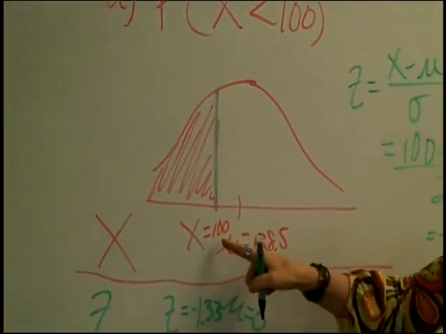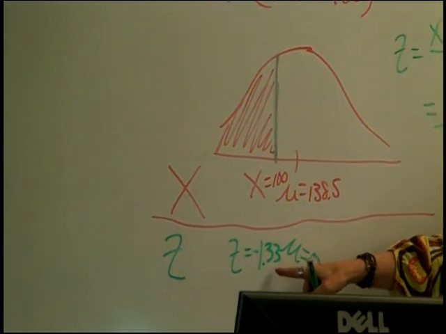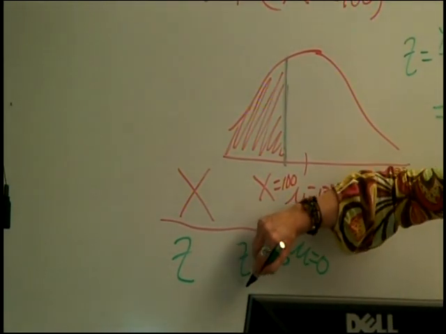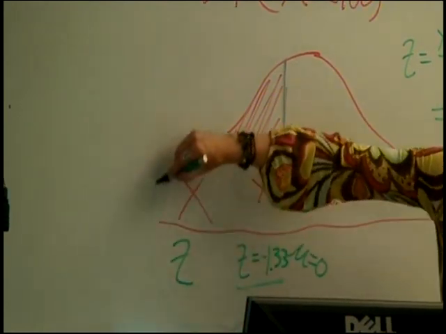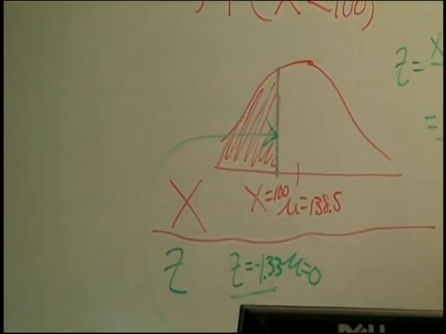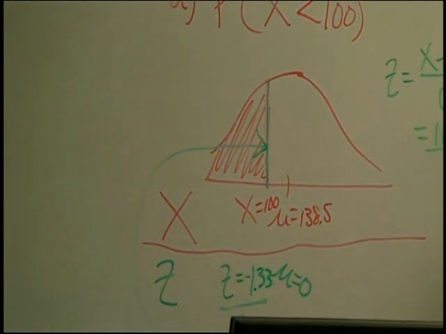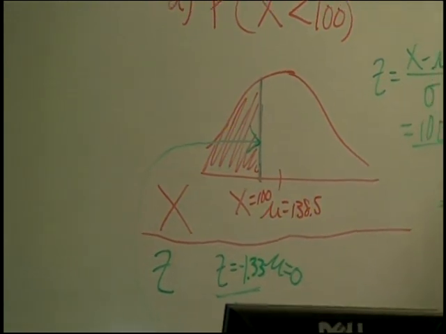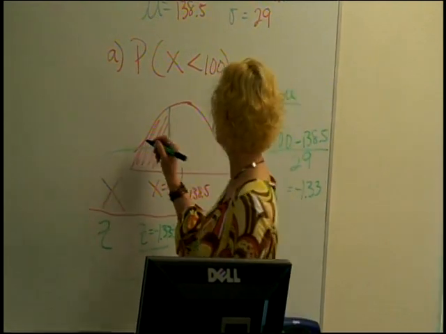So that value of 100 seconds is 1.33 standard deviations below the mean. And if we look up that z-score, it's going to give us our probability of interest, which is what? What do we get? 0.0918.